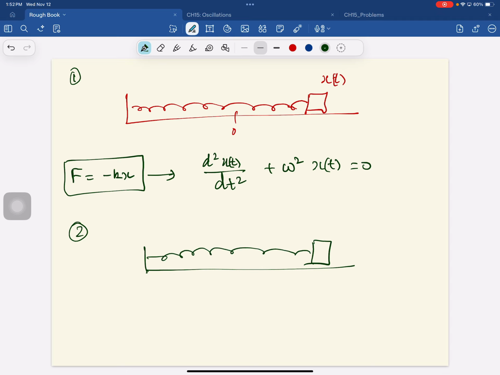So now there are two forces acting on the object. The net force equals mass times acceleration, and acceleration is d squared x by dt squared. The two forces acting are the force of the spring and the friction force.